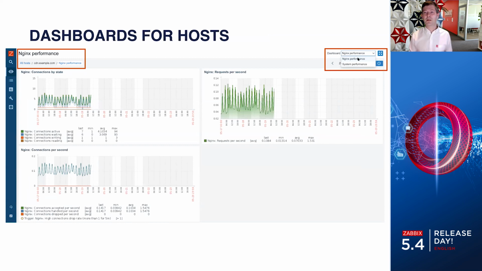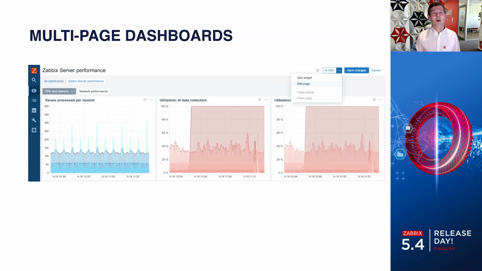Like in Nginx performance, I can switch quickly to system performance, maybe to see some Linux operating system specific metrics like CPU load, disk I/O, and so on and so forth. So very, very nice to see only dashboards in Zabbix, so no more confusion.